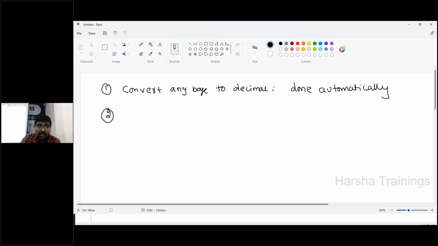My second point is convert decimal to any base. Suppose here I am given a number, A is equal to 73. This is my decimal number. Your first aim is to convert it into binary.